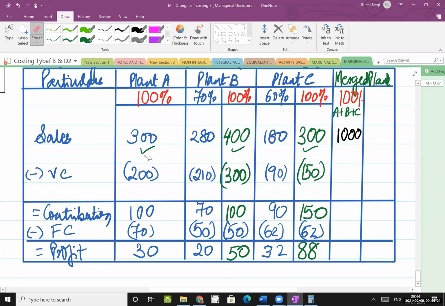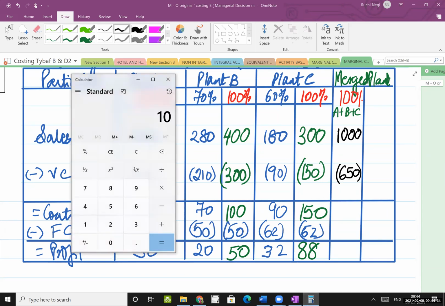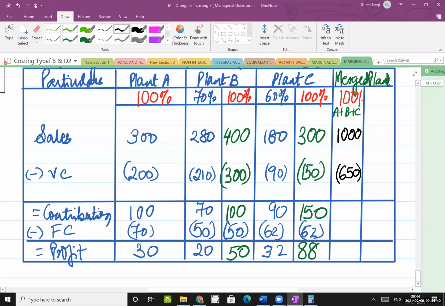Next. Add the variable cost. 200 plus 300, 500. 500 plus 150, 650. 350.